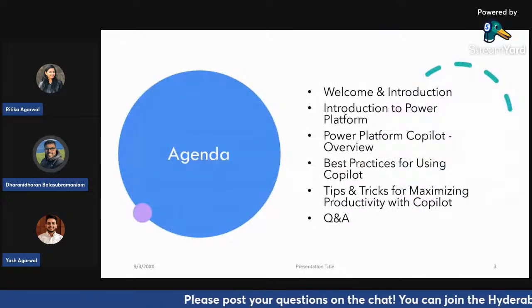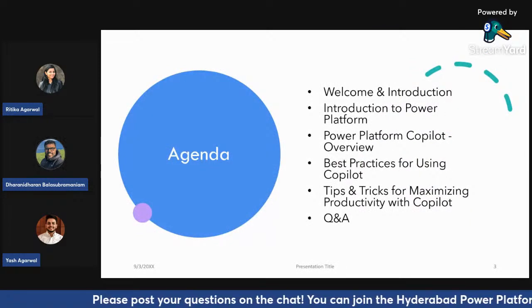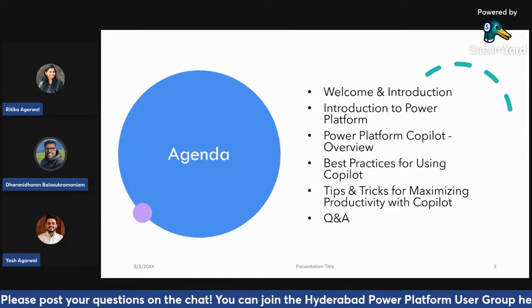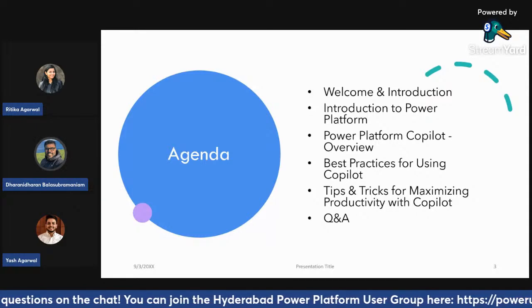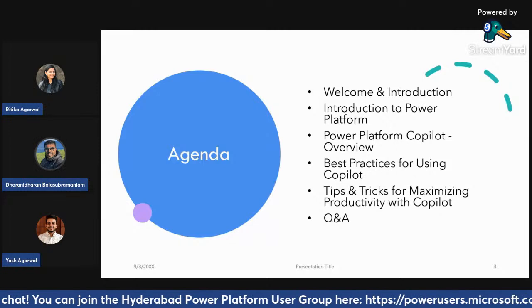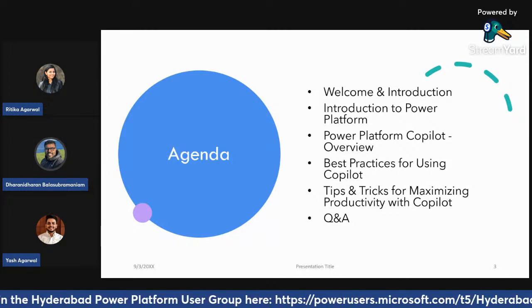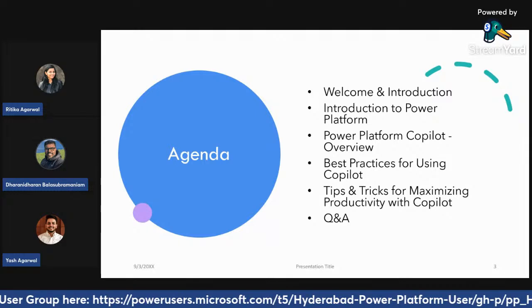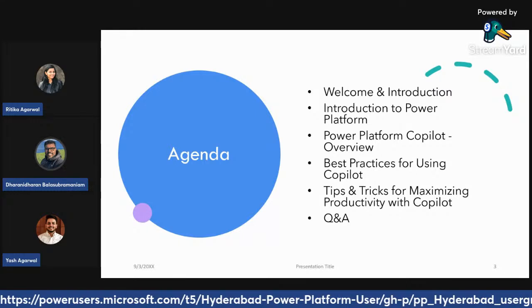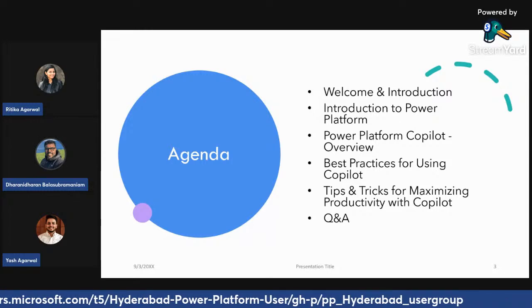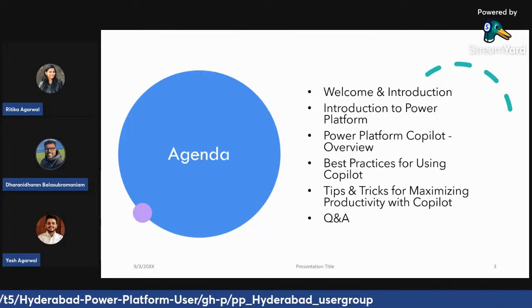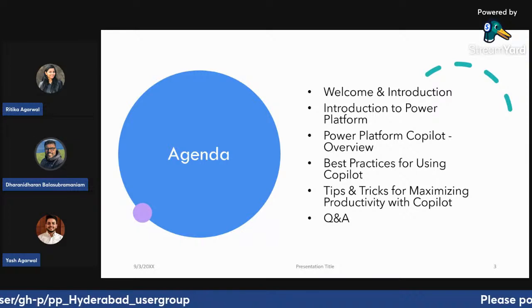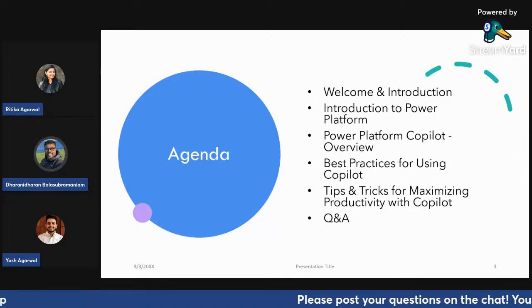Here is a quick agenda of today's session. First, we'll start with an introduction to the Power Platform, because some of you may be new to it. I will briefly cover what the Power Platform is and the benefits we get out of it, and then I will cover the Power Platform Copilot overview. Then we'll get into the practical session on how you can leverage Copilot in Power Apps, Power Automate, and also Power Pages.